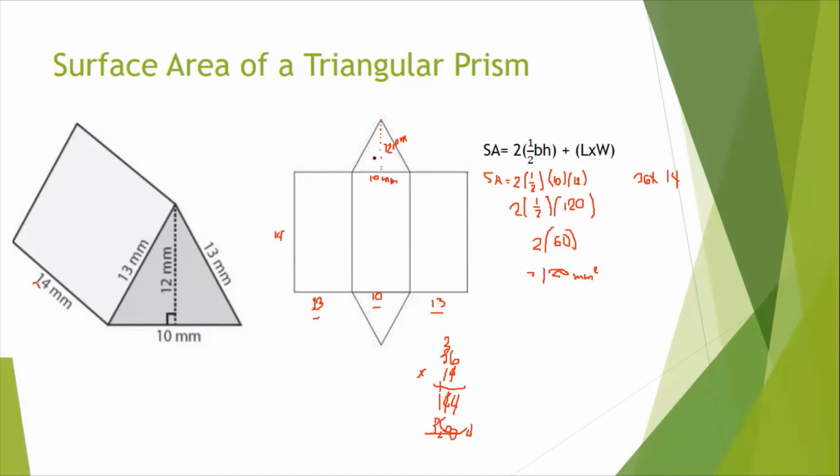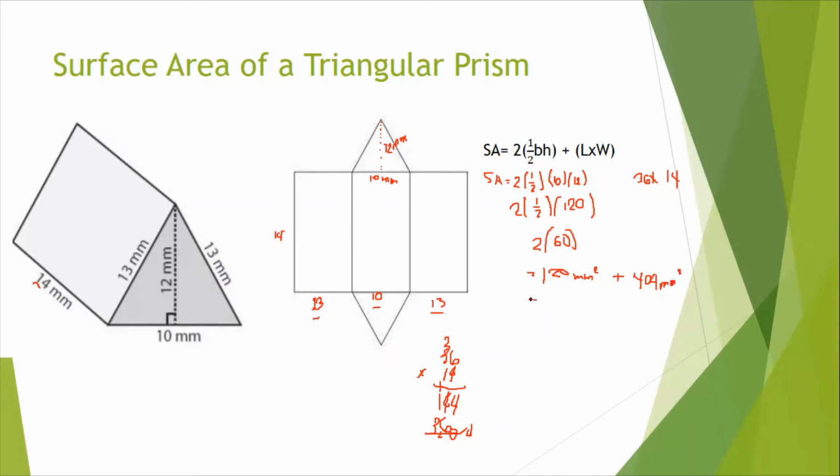We are going to add it to the area of our two triangles, which is 120 millimeter squared, plus 504, which is the area of our rectangle.